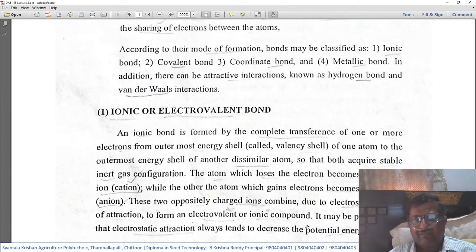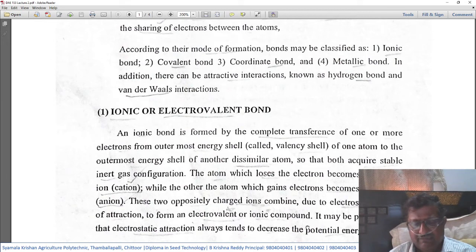This bond is formed by complete transfer of one or more electrons from the valency orbit of one atom to the valency orbit of another atom of a dissimilar element, that is, another atom of a different element, so that both acquire stable electronic configuration.